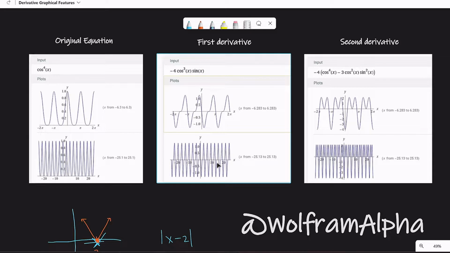And so we can see here each individual graphical structure for our original equation, our first derivative, and second derivative. And when we look at these equations, now we can think about what we mean by the line tangent to the graph. And so when we have cosine x to the fourth power, we find the derivative and we get this, negative 4 cosine of x to the third power times sine of x.